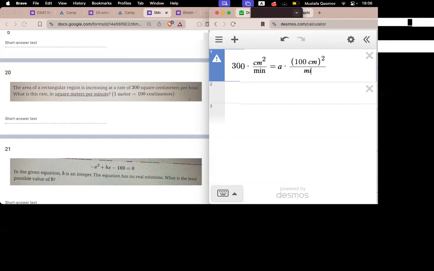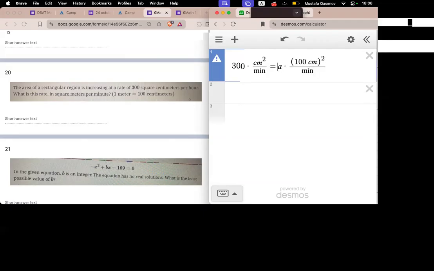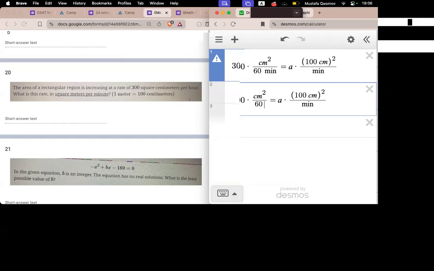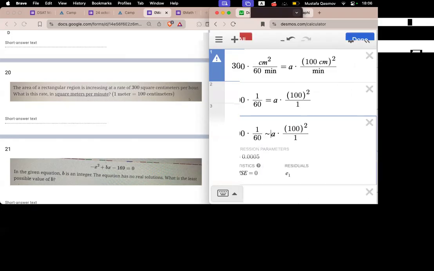And instead of hour, let's write 60 minute. Minute will be eliminated. Centimeter square will be eliminated, right? Then you have to just use Desmos and you will get the answer. 0.005.